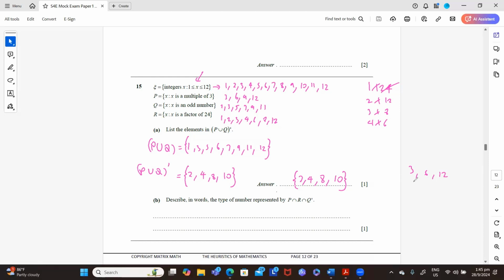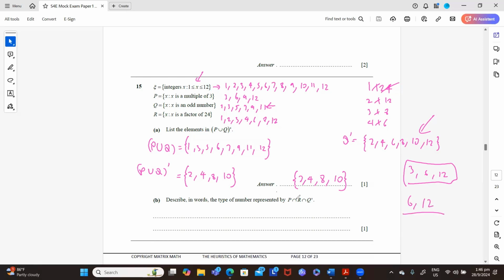Then this has to intersect anything that is not Q, right? So what is Q prime? Q prime will be 2, 4, 6, 8, 10, 12. So for this set to intersect with this, we can only extract 6 and 12, right?